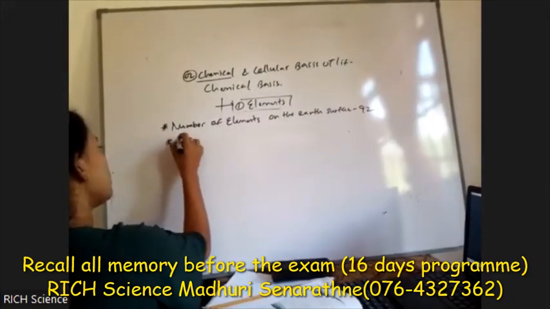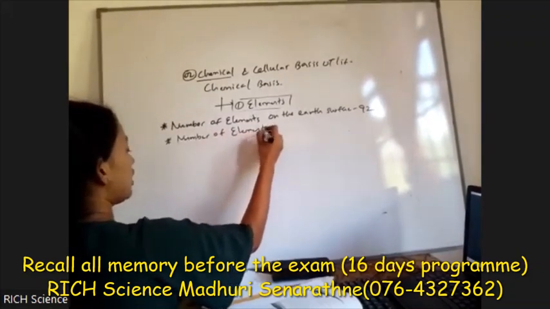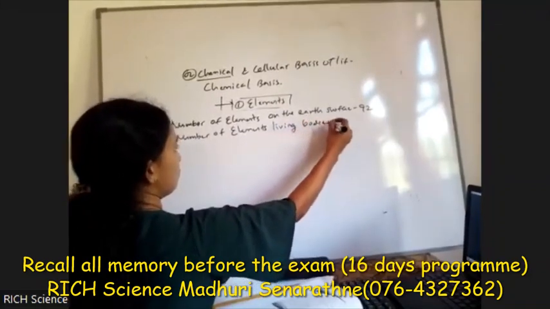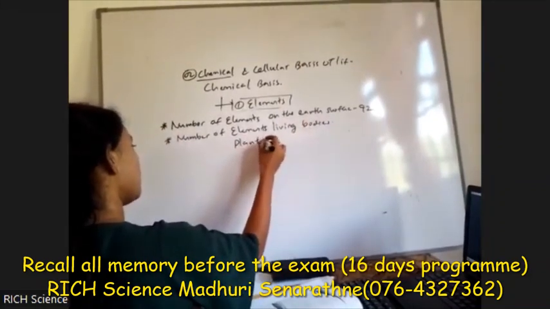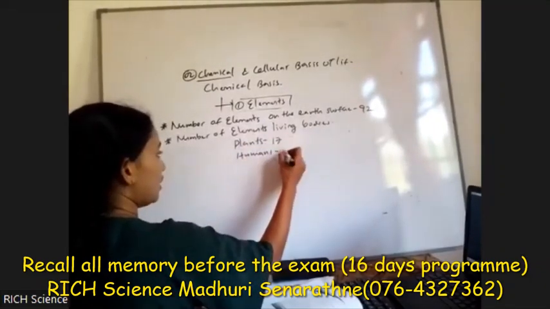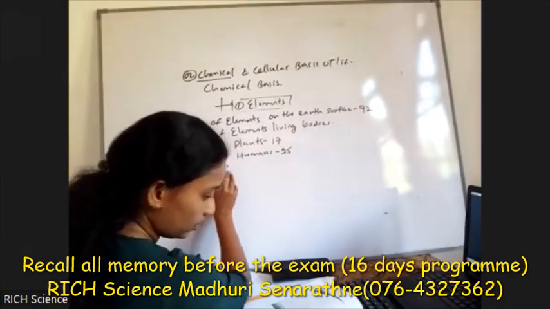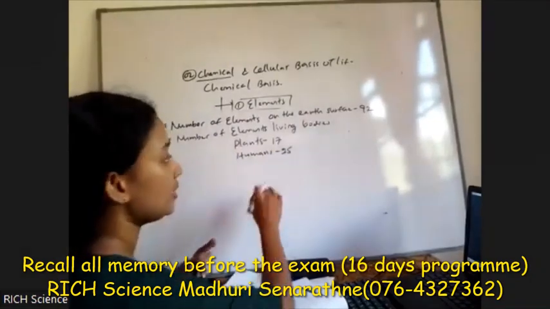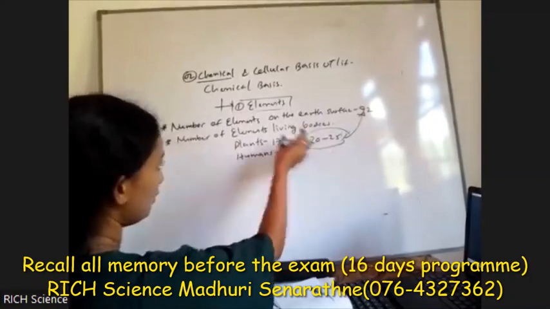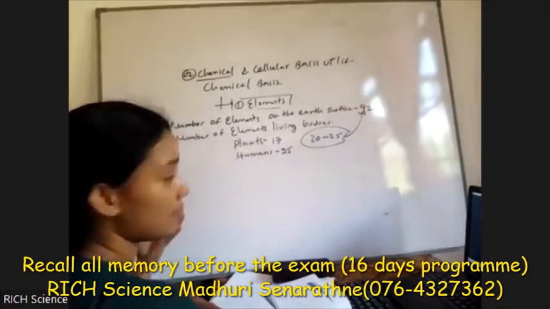And the number of elements which contribute to make the living bodies in plants is 17, in humans it is 25. As a percentage, 20 to 25% of 92 elements are involved in making of the body masses.